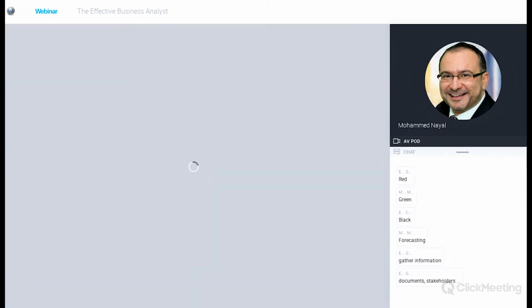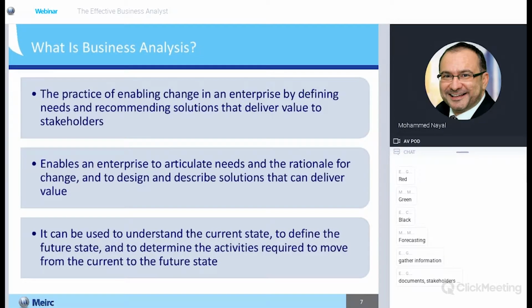Let us talk a little bit about what business analysis is. Business analysis is about the practice of change in an enterprise, and you start that by defining the needs of the stakeholders and recommending solutions that deliver value. Business analysis also enables a company or an enterprise to clearly articulate its needs and why change should happen.